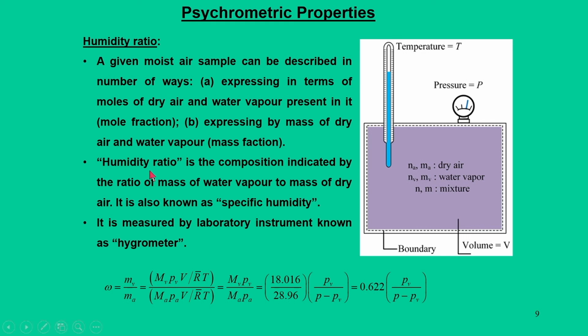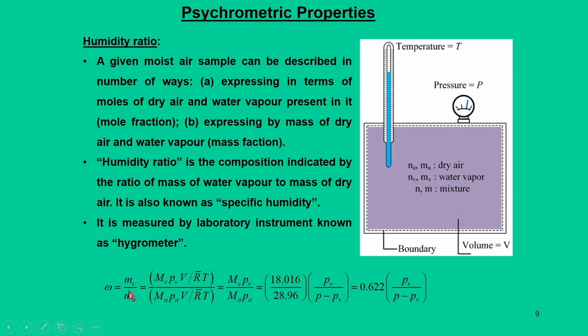Now, humidity ratio as one of the properties is the composition indicated by the ratio of mass of water vapor to the mass of dry air. So mv by ma is what we call the humidity ratio.